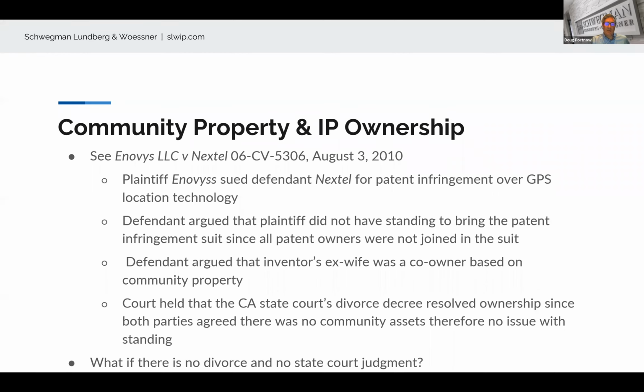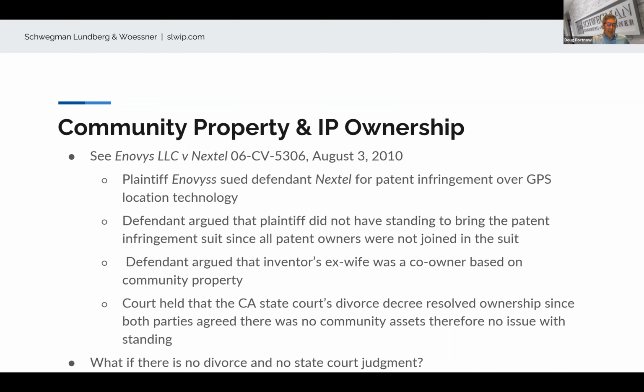You don't have standing because you didn't get consent from all the patent owners. They weren't all joined in the lawsuit. And Nextel also argued that the inventor's ex-wife should have been a co-owner on that patent based on California community property laws.